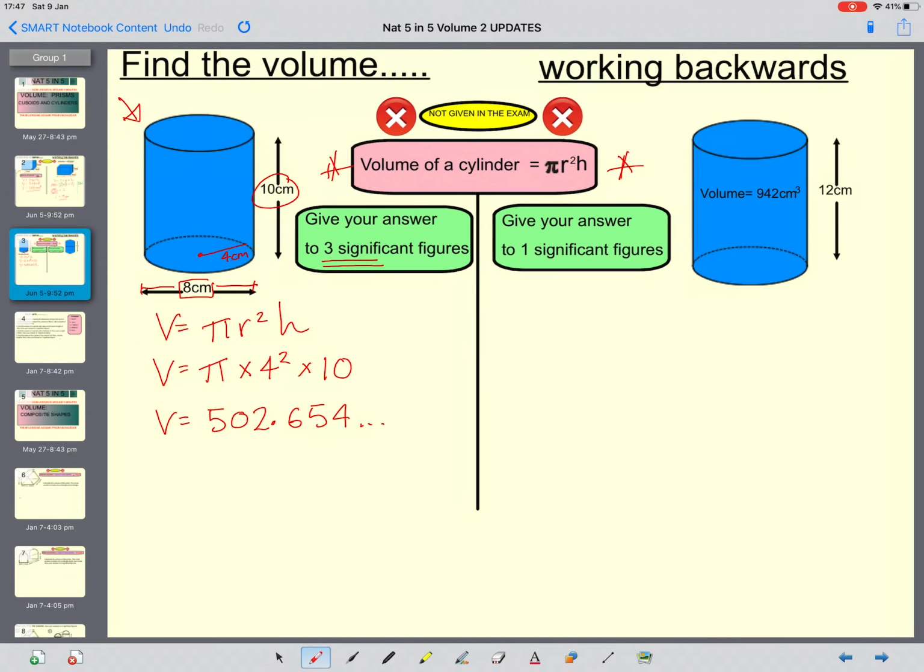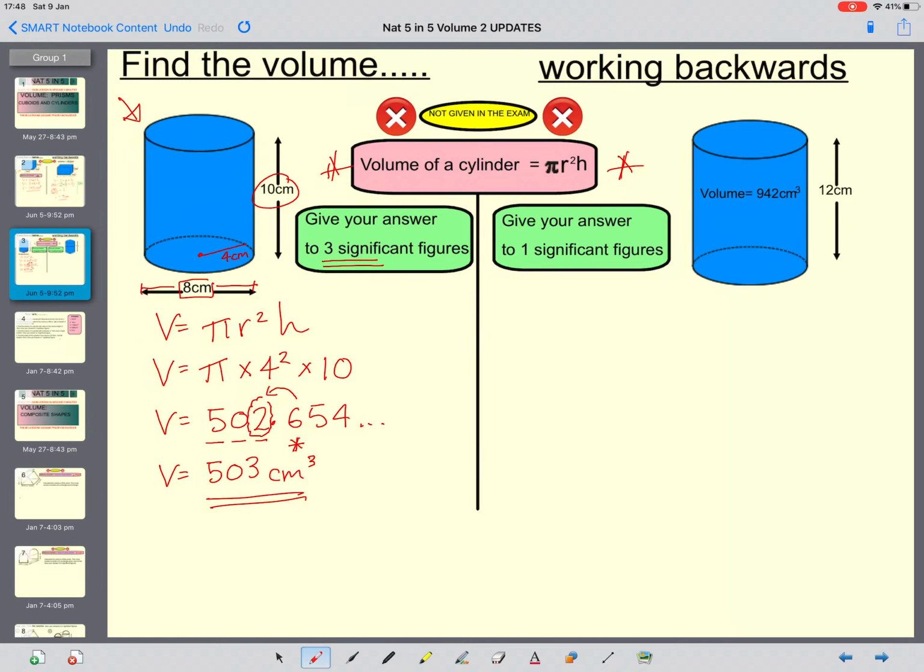Significant means important, so the 3 most important figures, which is this one, and this one. The next one being my decider. Now this 6, if it's 5 or more, it rounds this number here up. So this 6 is going to round that 2 up to a 3. So your volume to 3 significant figures is going to be 503 centimeters cubed.